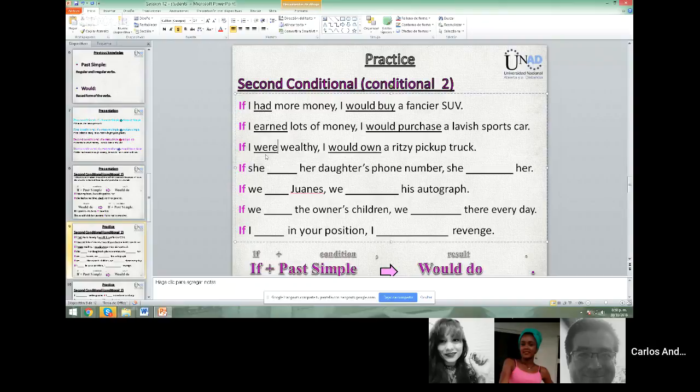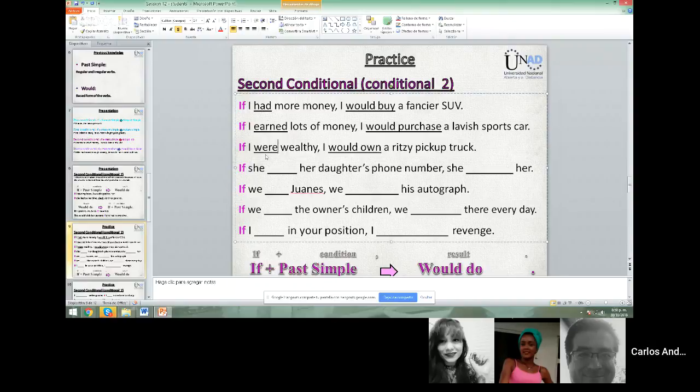So when we talk about the verb be, we always have to use were when we are going to say second conditional sentences, every time and for all pronouns in every case. Of course, in speaking language or an informal speaking contest, people sometimes say was, but the correct form is were, and it applies for second conditional.